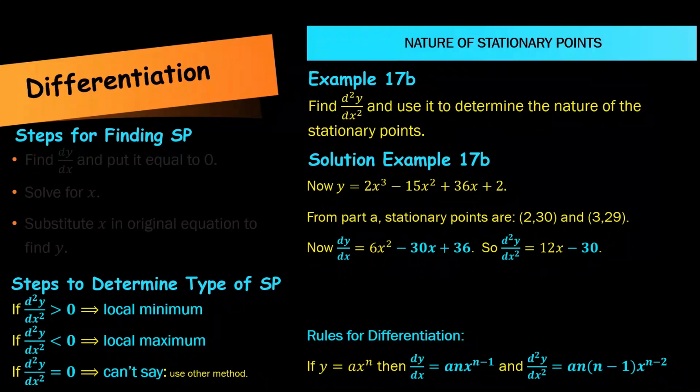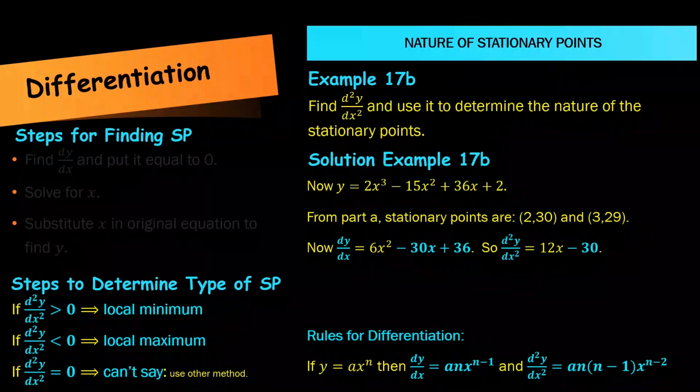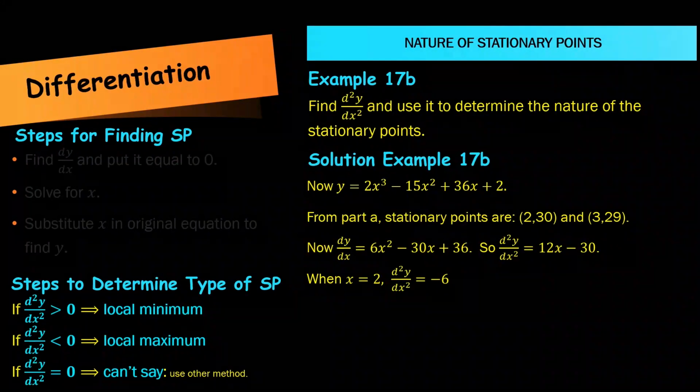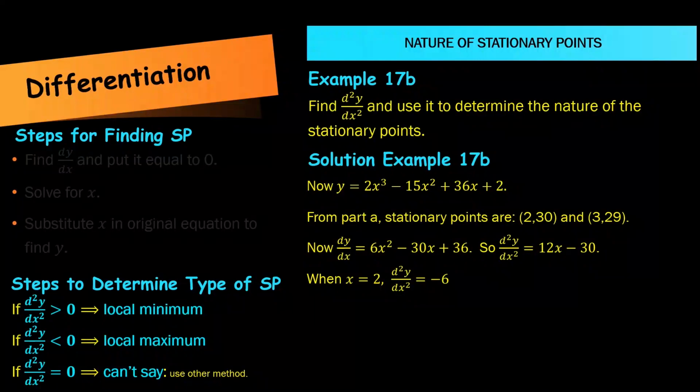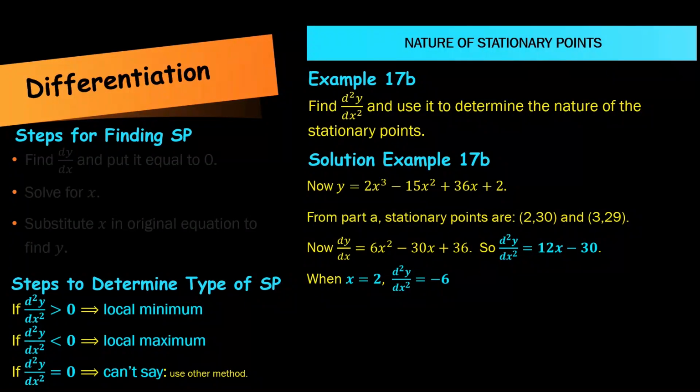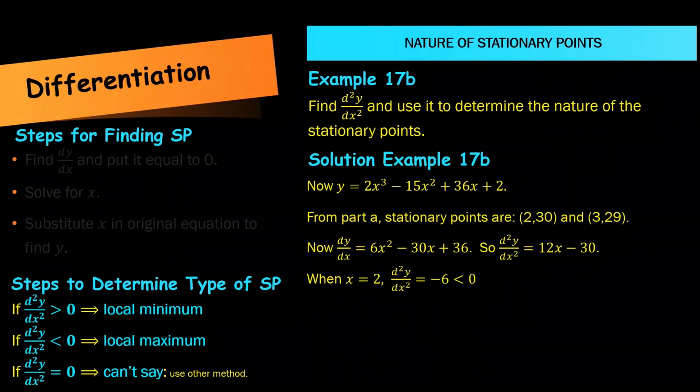When x equals 2, which is one of the stationary points, d2y dx squared equals minus 6. This is less than 0, and therefore (2, 30) is a local maximum.